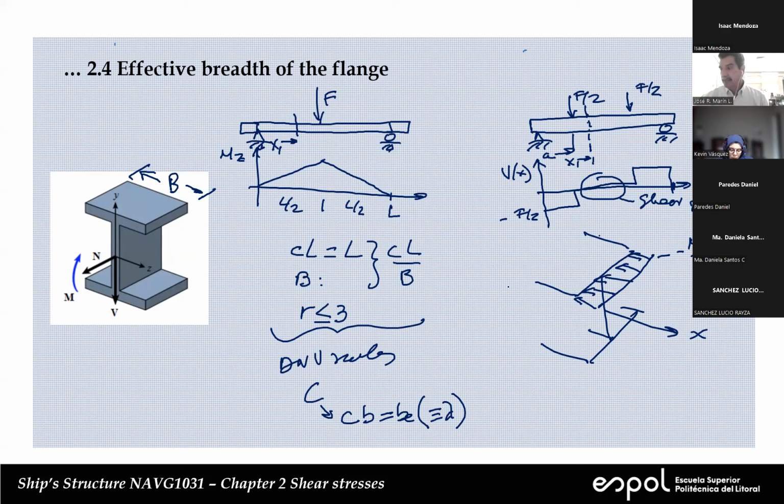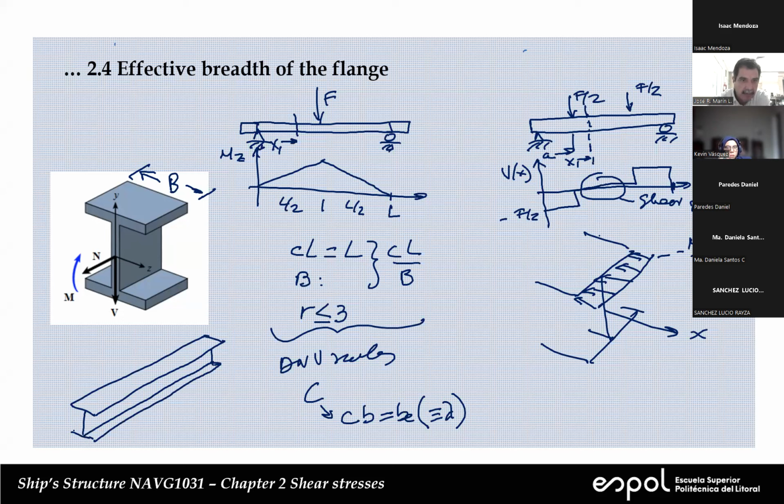What happens in reality? What happened was that we were trying to set up this experiment the best way we can, but we had some problems with the beam. We were trying to apply the force in the central line, but it was possible that there was some deformation.